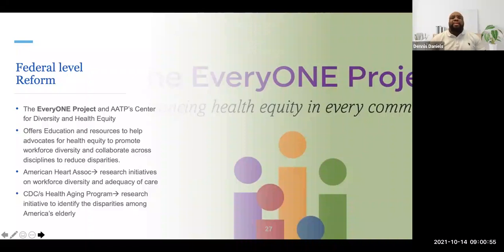The American Academy of Family Physicians Foundation Center for Diversity and Health Equity recently launched the Everyone Project, which provides directives to various professionals, organizations, and nonprofit collectives to promote workforce diversity and challenge workforce diversity issues that can deprive or inhibit the strong rapport between underrepresented communities, marginalized communities, and providers.